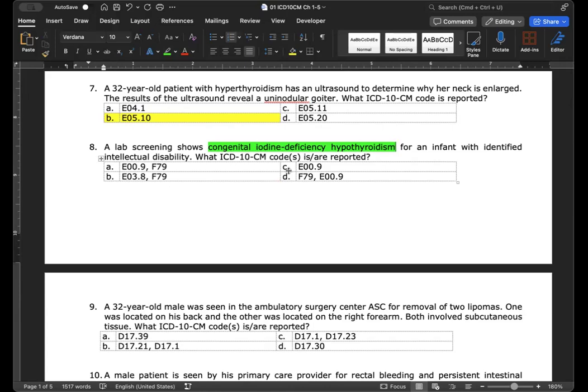And where does that send us? Syndrome. Yep. So we have to go to main term syndrome, iodine deficiency, congenital. E00.9.